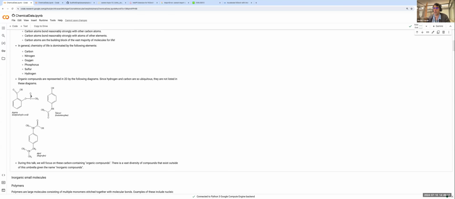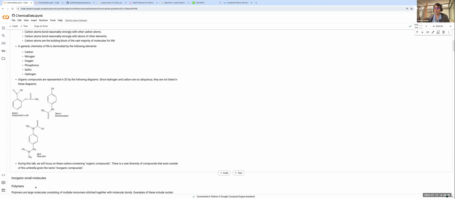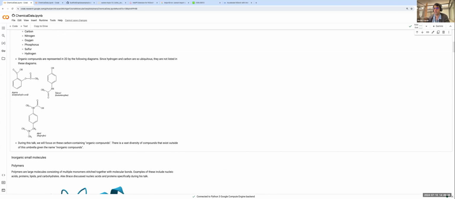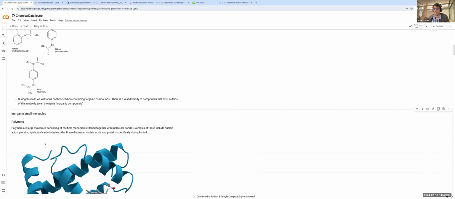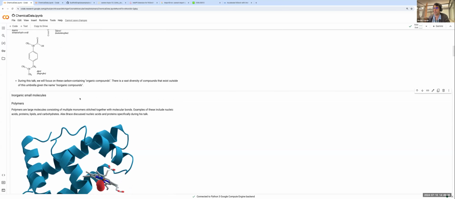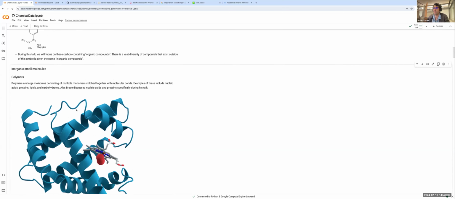However, in general, you have almost an infinite number of possible different combinations of molecules that we can actually talk about here. So those would be the inorganic small molecules. And additionally, as Alex alluded to, there's also polymers.